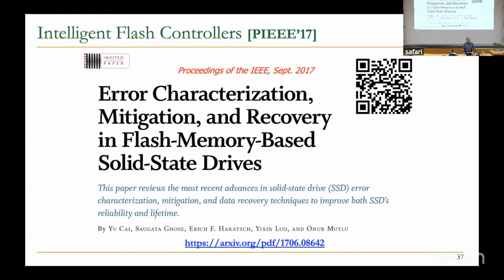Flash memories are really exciting. It's actually a very nice lesson for every researcher. When people were working on flash memories in 1990 or so, flash was way behind in performance, and many people were saying, why are you working on this technology? This is not going to work at all. But now you can see that those people were completely wrong.